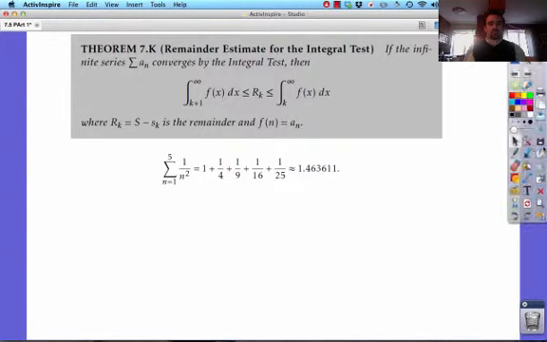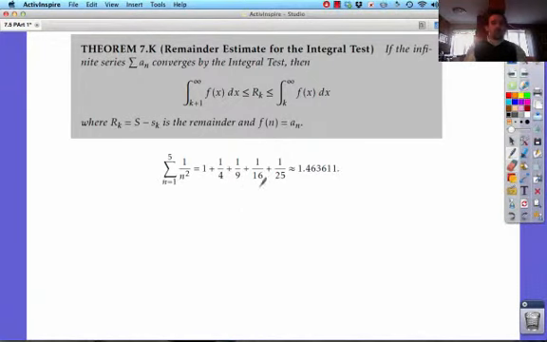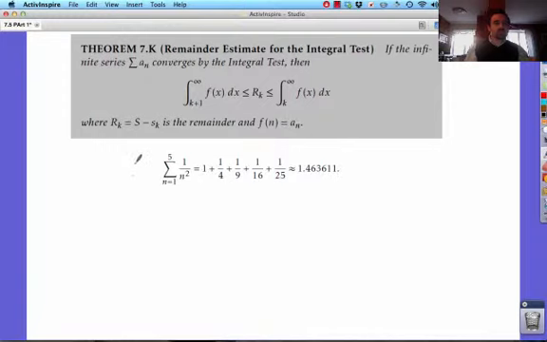So here's a situation, and the question is, what's the remainder? What kind of error do we have in this particular situation? So we know we've gone out 5 terms.